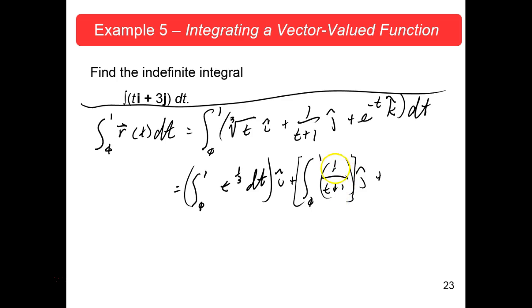I left off the dt. Okay. Knew something was missing there. Plus the integral from 0 to 1 of e to the minus t dt.